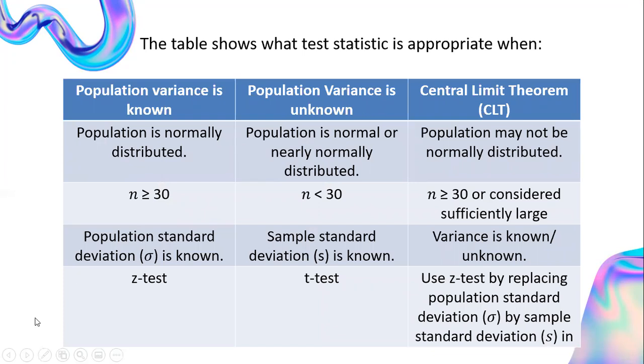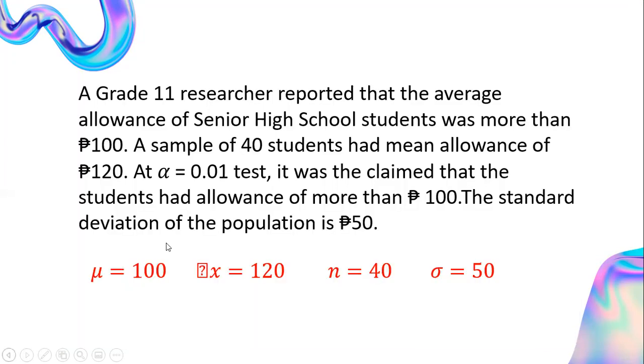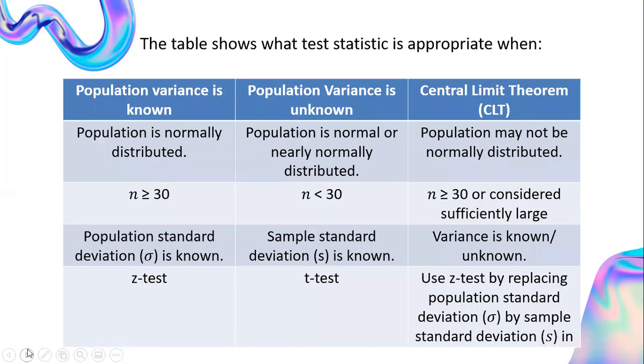Okay. Let us recall that in solving this, now that you know all the given, showing all the symbols to be used, we need to recall when to use the z-test and the t-test.